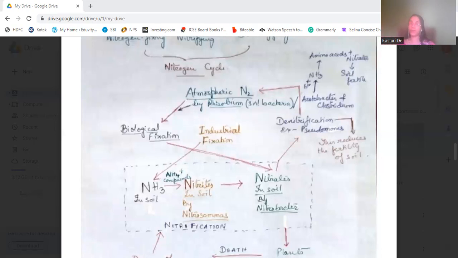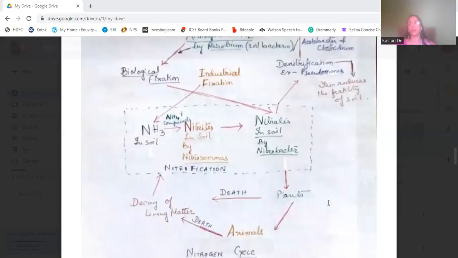So ammonia of the soil changes to ammonium compounds and then to nitrites by nitrosomonas bacteria, and nitrobacter converts nitrites to nitrates. Clear?